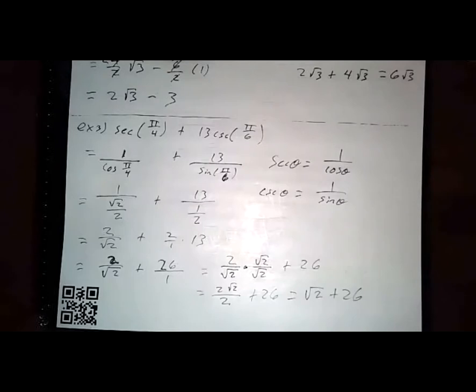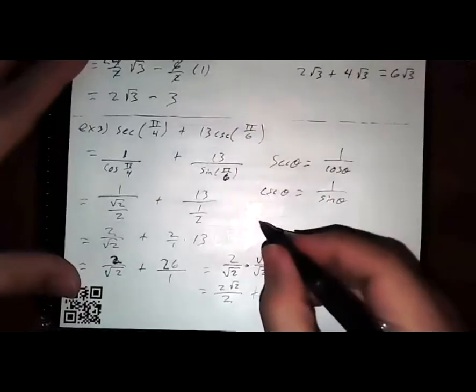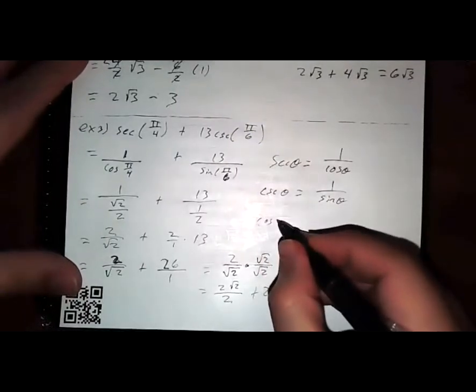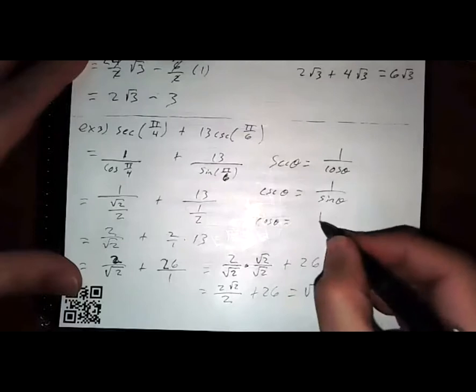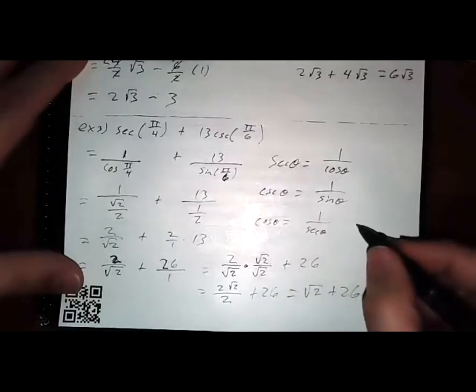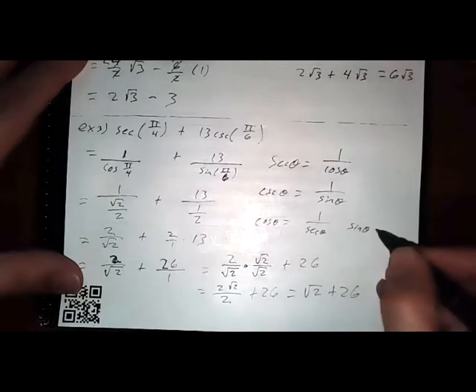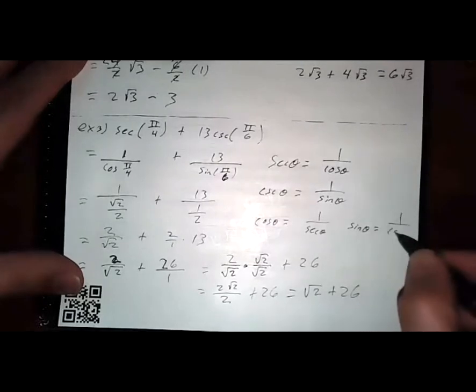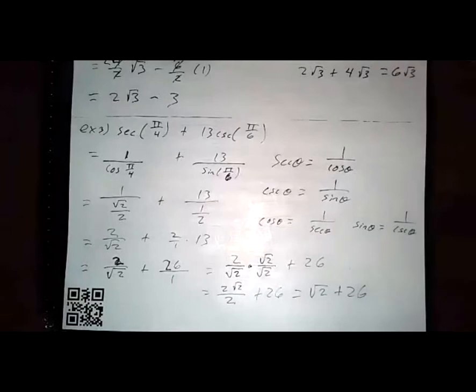Okay. Because technically you could say cosine is equal to 1 over secant, right? And sine is equal to 1 over cosecant. But yeah, this is the reciprocal property we talked about. Any questions on this example before I move on to something else?